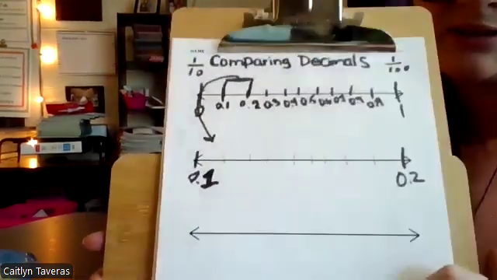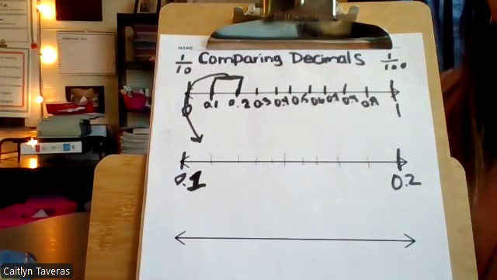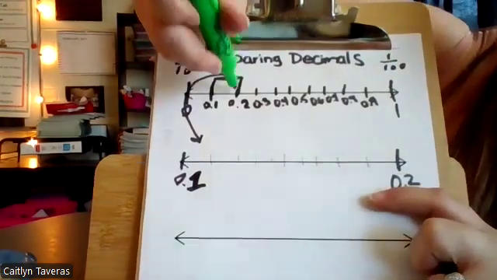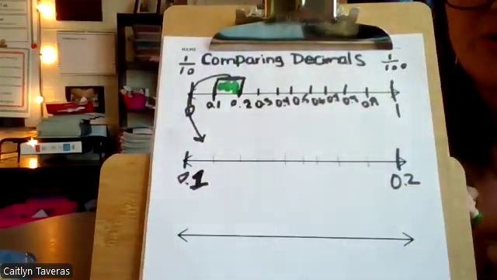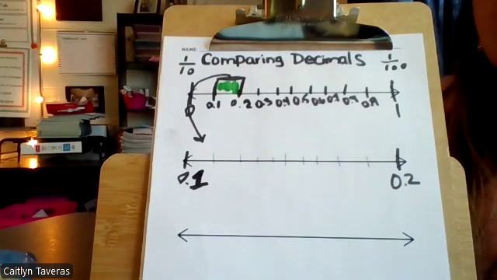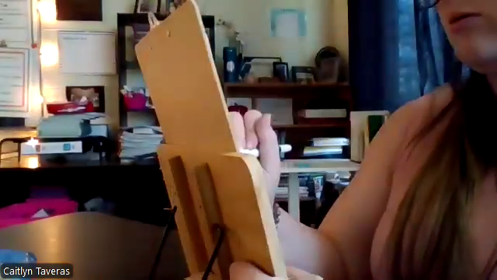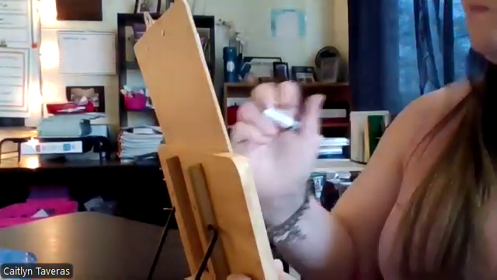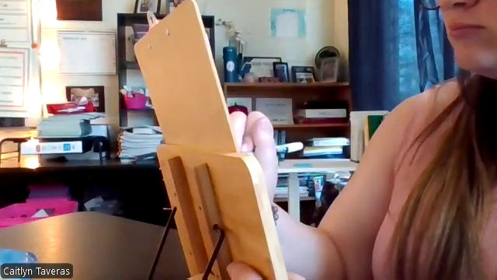And when we're looking at those, now we're going into the hundredths. So those spaces between tenths bring us to our hundredths. So we would have, for example, 11 hundredths.